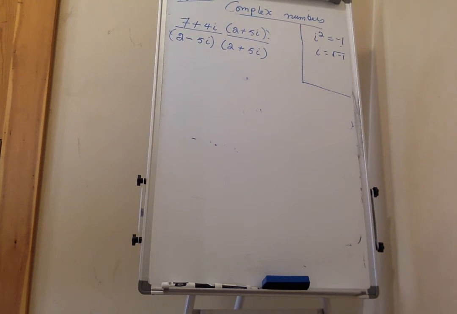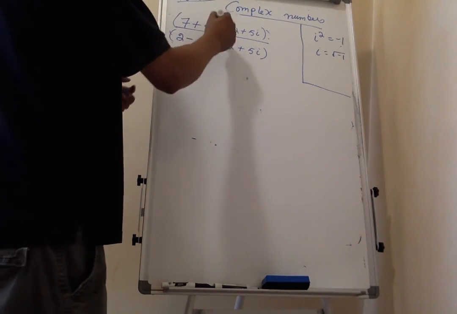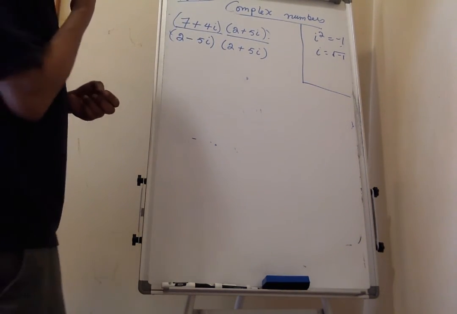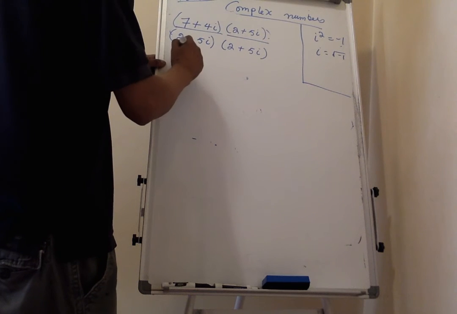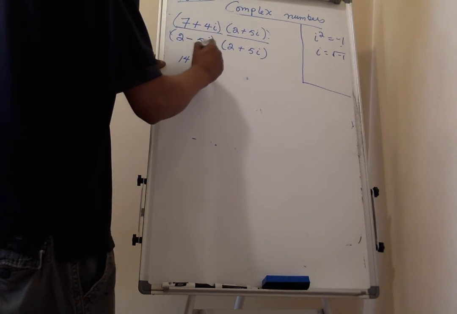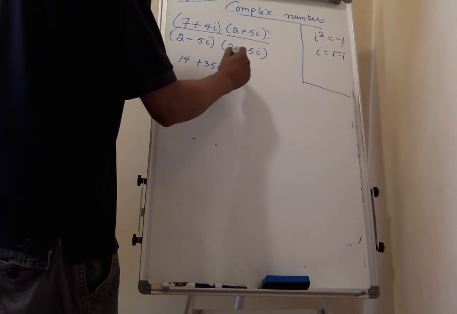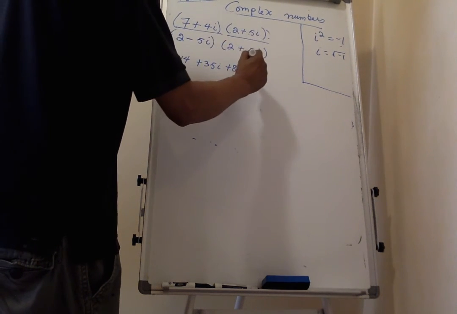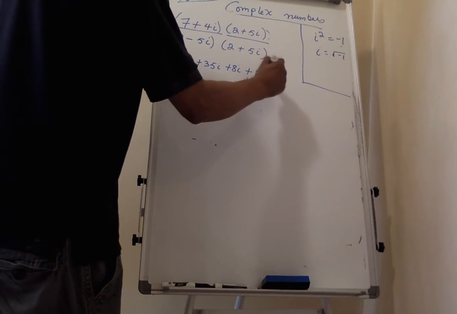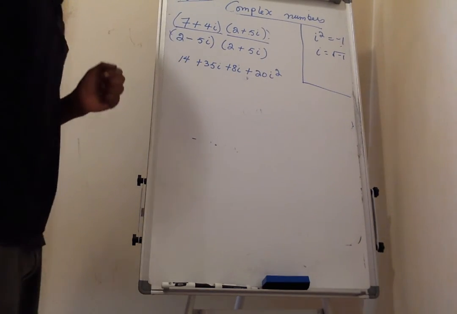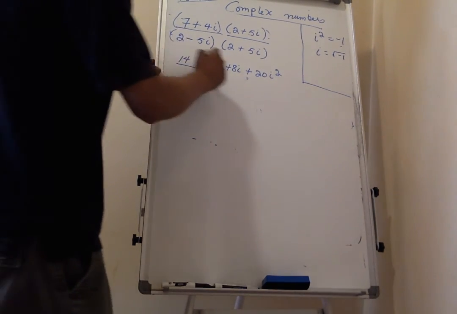Now let's go ahead and do the FOIL for the numerator. 7 times 2 is 14, plus 35i, plus 8i, plus 20i squared. If I do the FOIL, this is what I'm going to get.